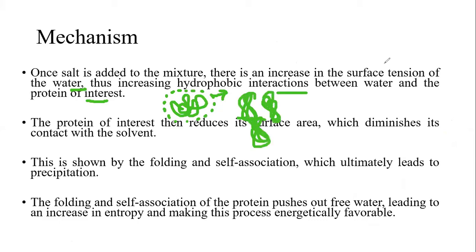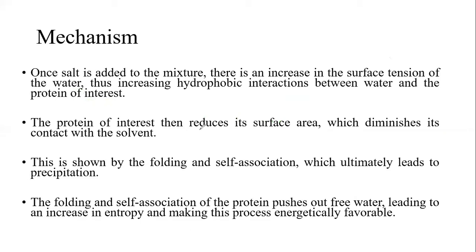Okay, like this. The protein of interest then reduces its surface area, which diminishes its contact with the solvent. And what will happen? All the proteins will start coming together, increasing the hydrophobic interactions. Now, this is also shown by the folding and self-association, which ultimately leads to precipitation.